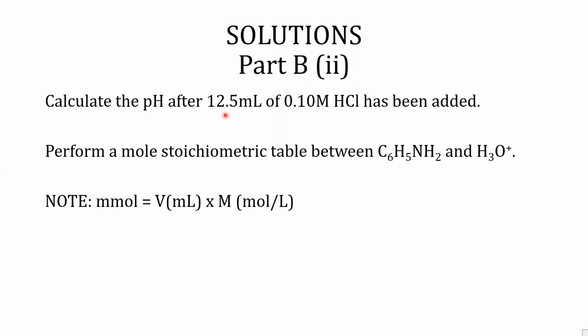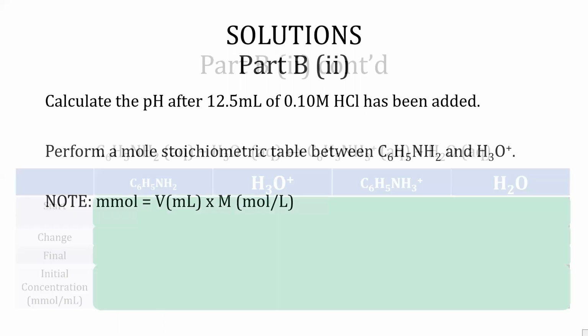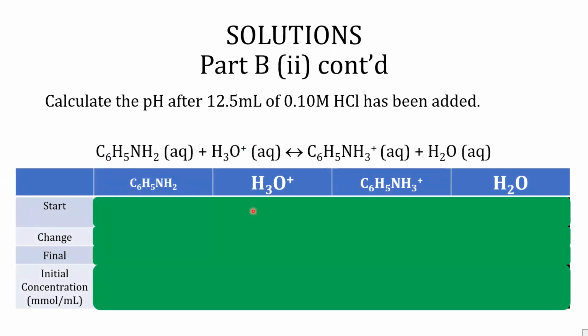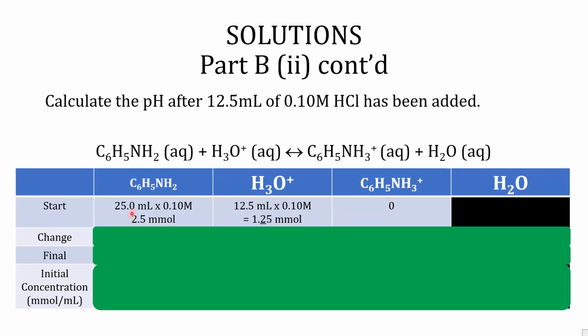The second problem is to calculate the pH after 12.5 ml of 0.10 M HCl has been added. Note that mmol equals volume in milliliters times molarity in units of moles per liter. The construction of an mmol stoichiometric table is performed. The mmol of C6H5NH2 is 0.10 molar times 25 ml equals 2.5 millimoles. The mmol of HCl is 0.10 molar times 12.5 ml equals 1.25 millimoles.